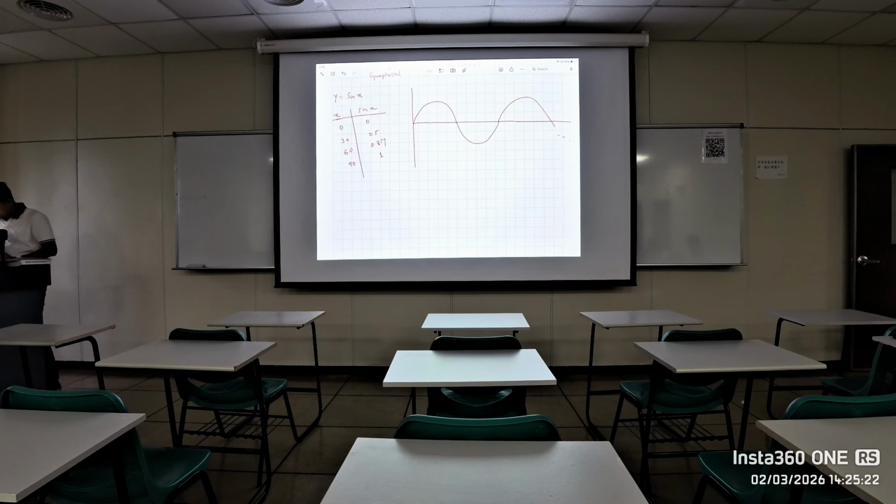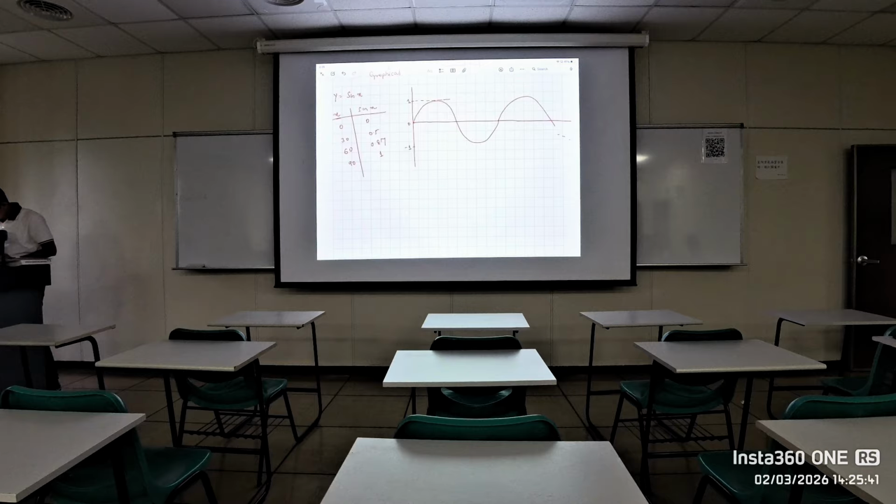Accordingly, if I put these values, let's say this line is for 1, this one is 0, and this one is negative 1.